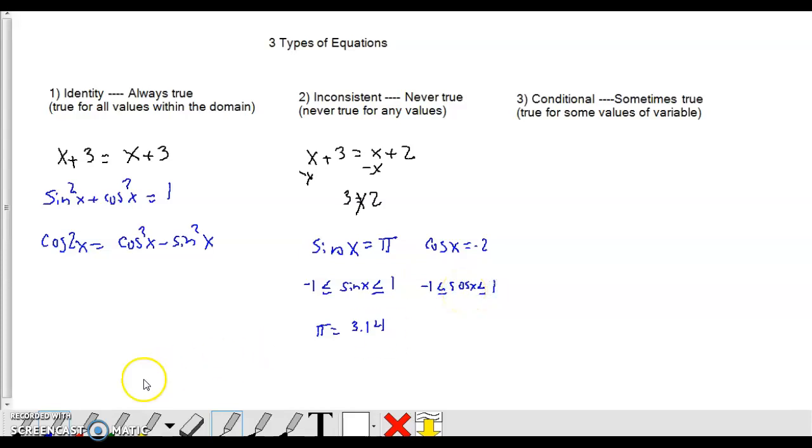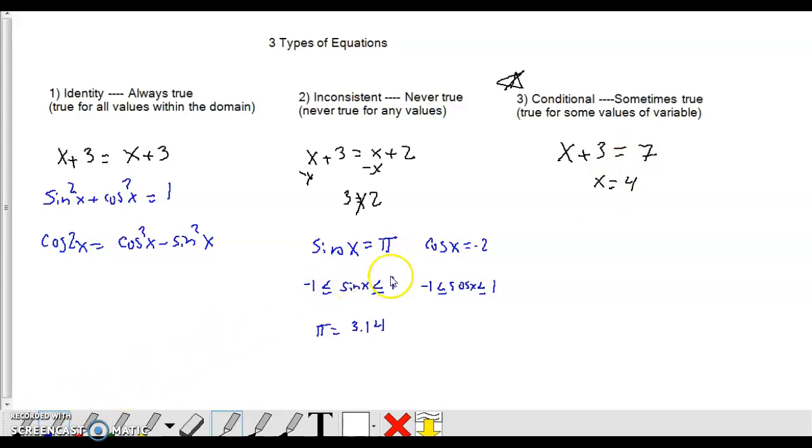Now, most of the equations that we've always dealt with are the conditional ones. That's where the majority of our trig equations are actually going to be. They are sometimes true. If I solve x plus 3 equal to 7, this is sometimes true, when x is equal to 4. There are no other numbers that this is going to work for.